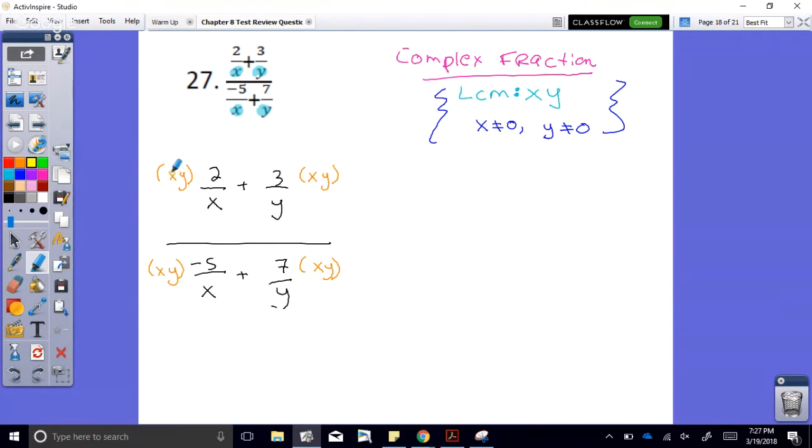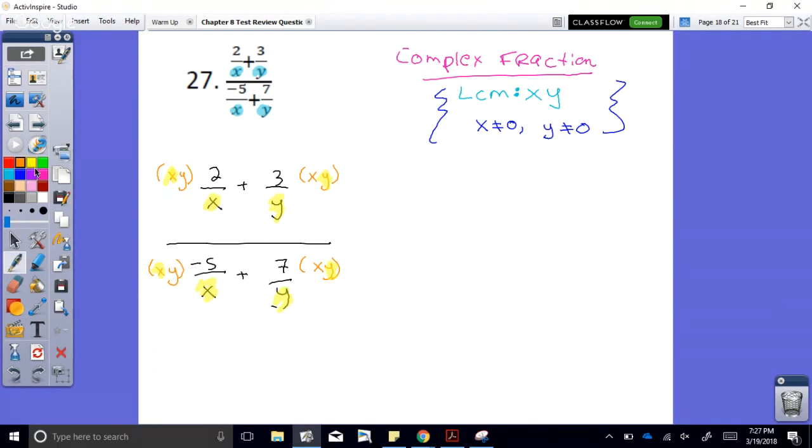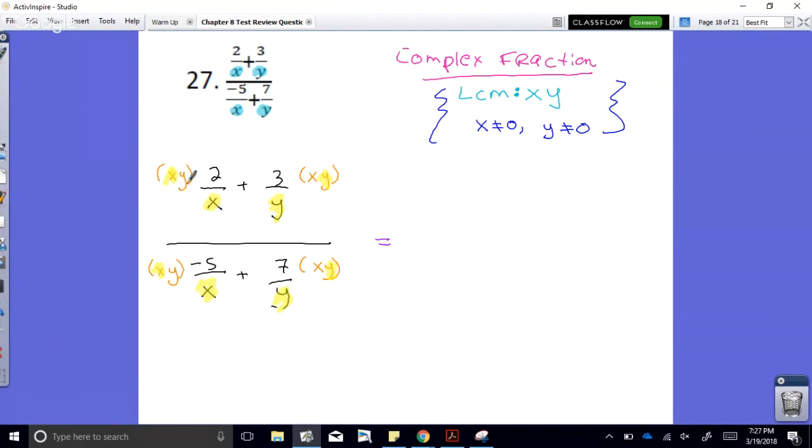So if you notice, the first piece, the x's cancel. Okay, the second piece, the y's cancel. The third piece, again, the x's cancel. And the last piece, the y's cancel. So the final phase is just to rewrite what we have left. So if you look at the first piece, we have a 2 and a y.